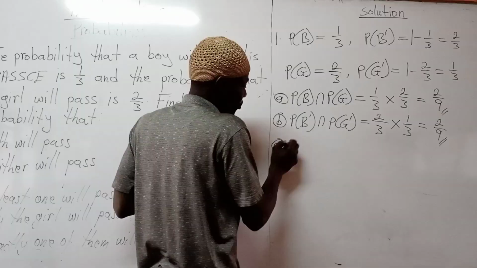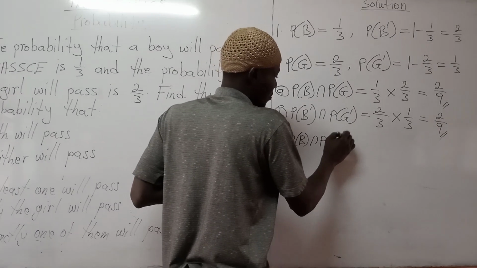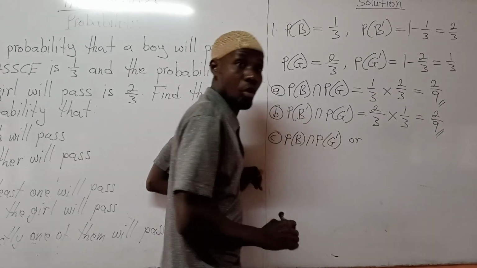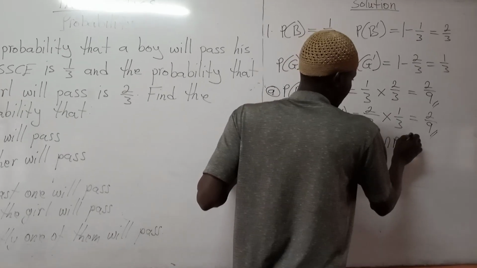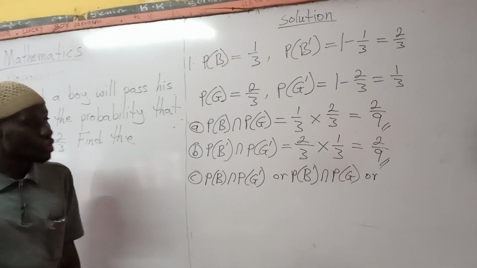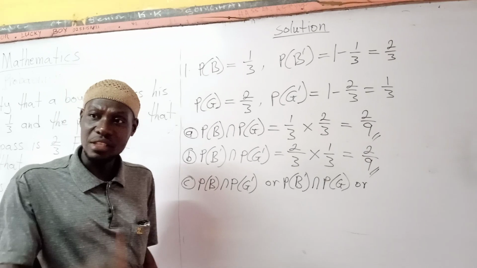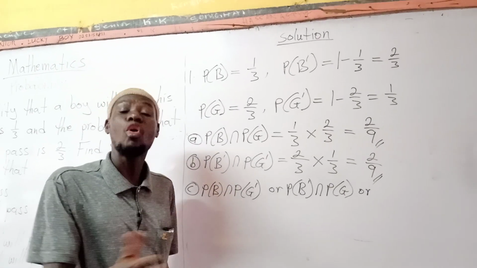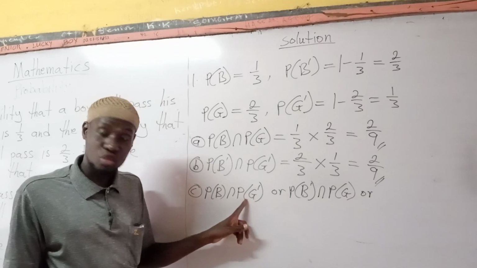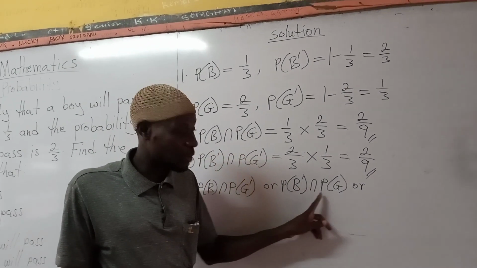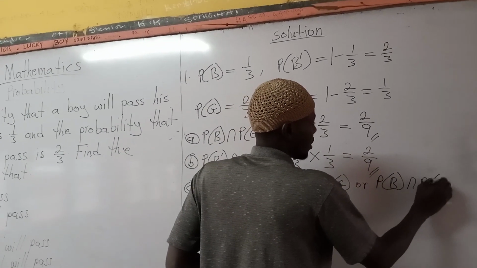And so it means probability that the boy will pass and probability that the girl will not pass, or probability that the boy will not pass and probability that the girl will pass, or probability that the boy will pass and probability that the girl will also pass.